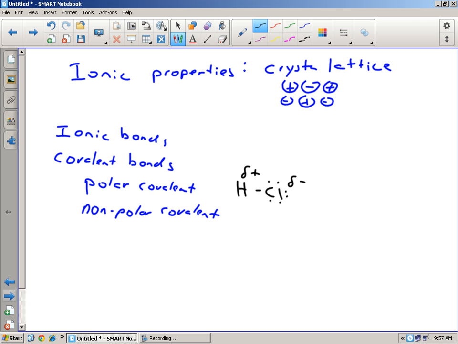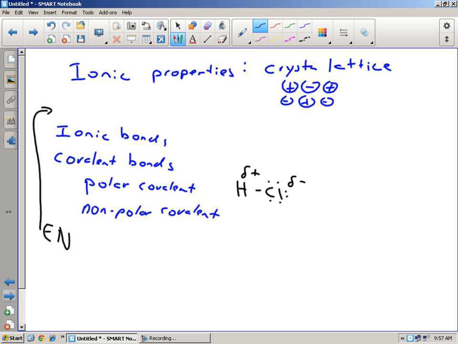Maybe you want to put EN in here, electronegativity, right? Maybe you know the definition of that. Once again, I don't think I'm going to ask you that, but I guess you never know. Polar covalent, though, would be something like that, not sharing electrons equally.